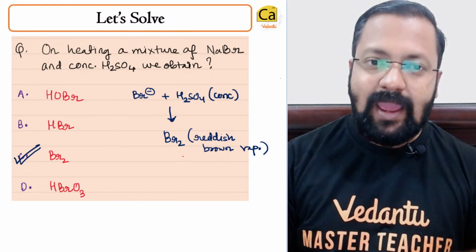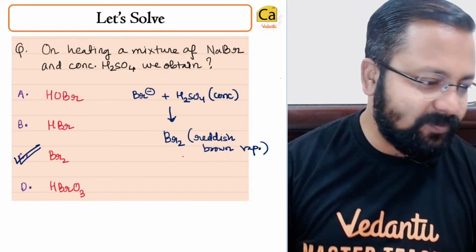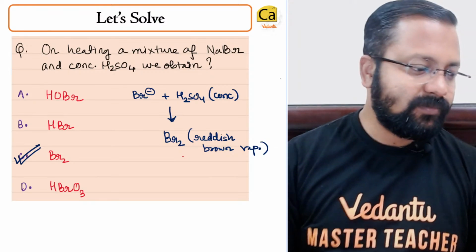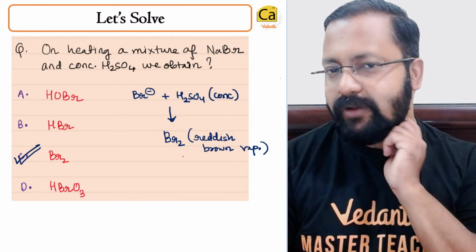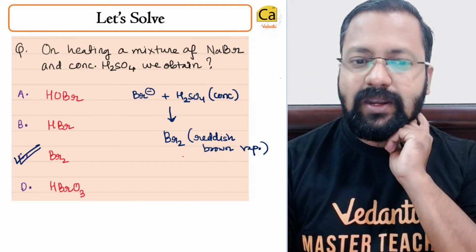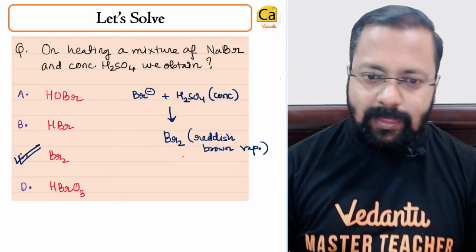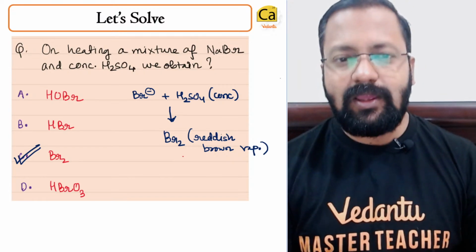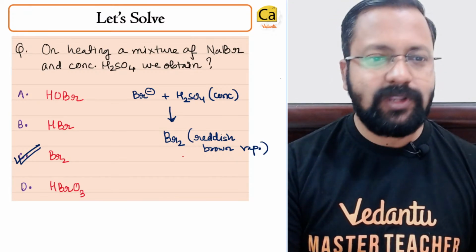Chloride reacts as an acid. There would not be any disproportionation reaction. The right answer should be bromine, invariably bromine. Chalo, let's go on to the next question.